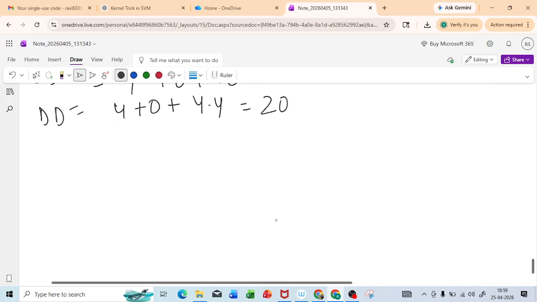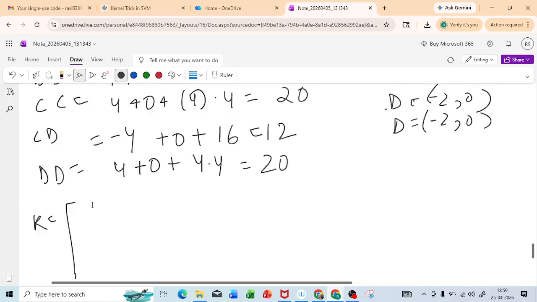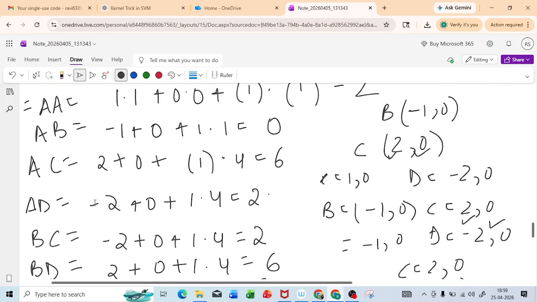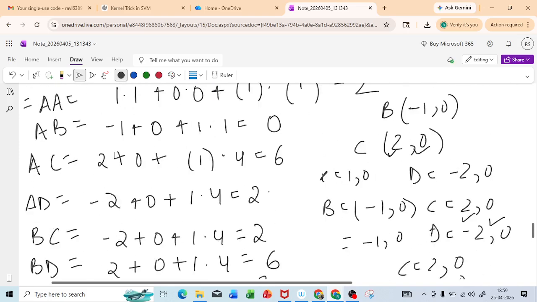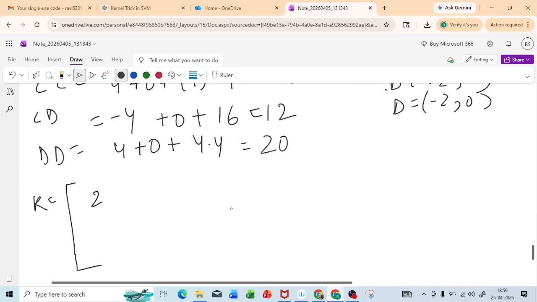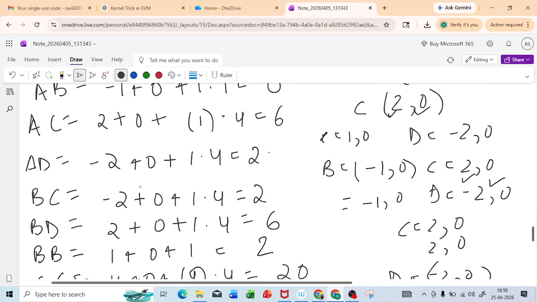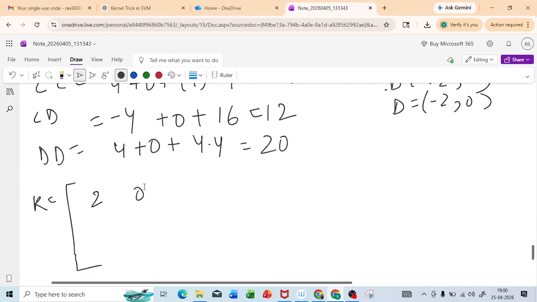Okay, so let's write what our kernel is. Our kernel was AA, which is 2. What is AB? AB is 0. What is AC? AC is 6. What is AD?